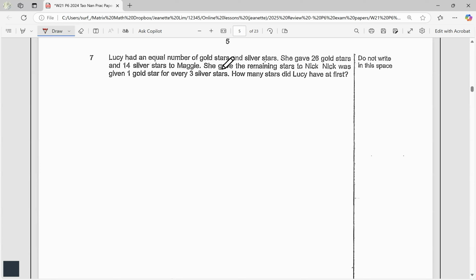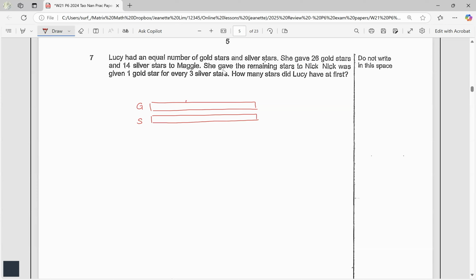Okay, since the question said that she started with equal number, let's draw a model. So for gold and silver, okay, we have equal here. Then 26 gold and 14 silvers we need to remove.